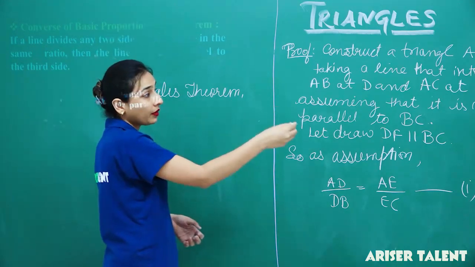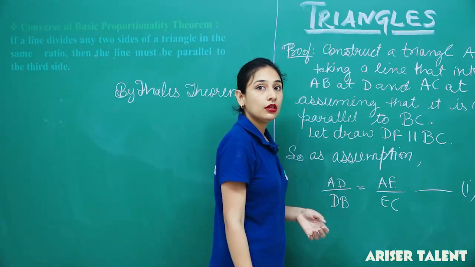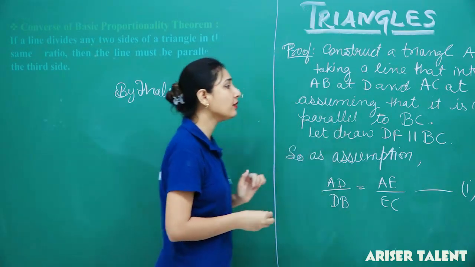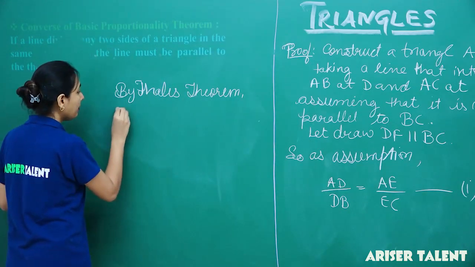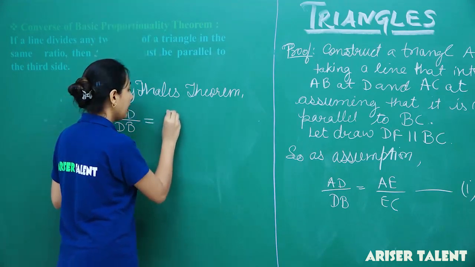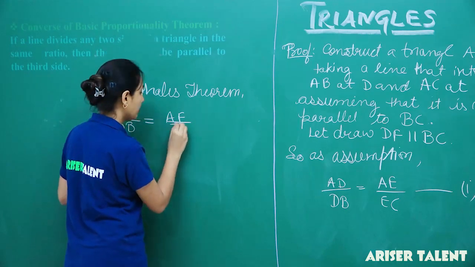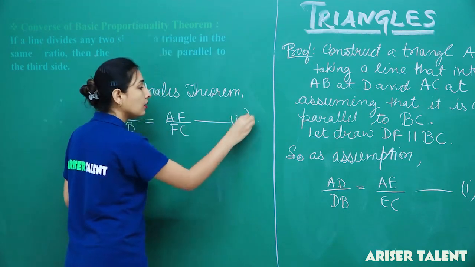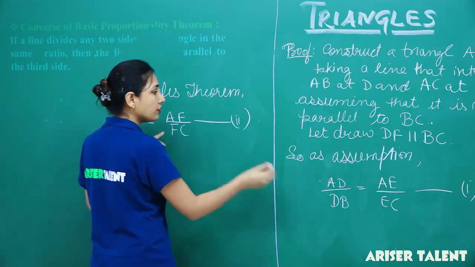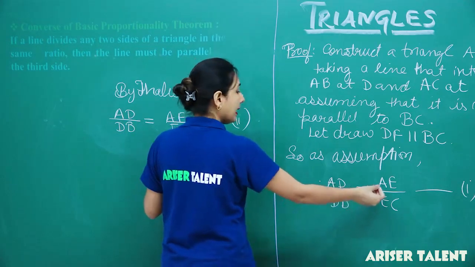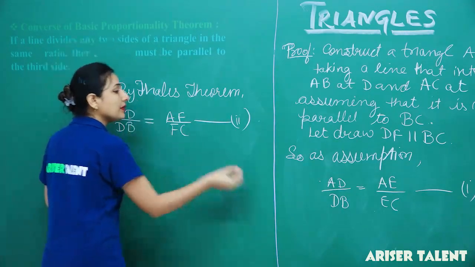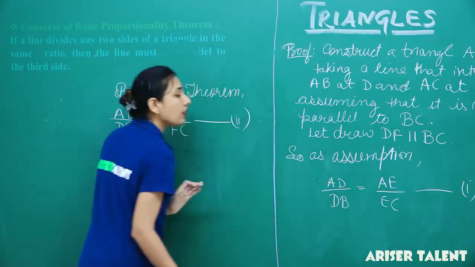We have assumed that DF is parallel to BC. If DE is not parallel, then there is a line DF which is parallel to BC. So what will we have? AD by DB will be equal to AF divided by FC. This is equation 2. Now look at equations 1 and 2. AD by DB equals AE by EC, so this term is equal, and this and this term will also be equal.